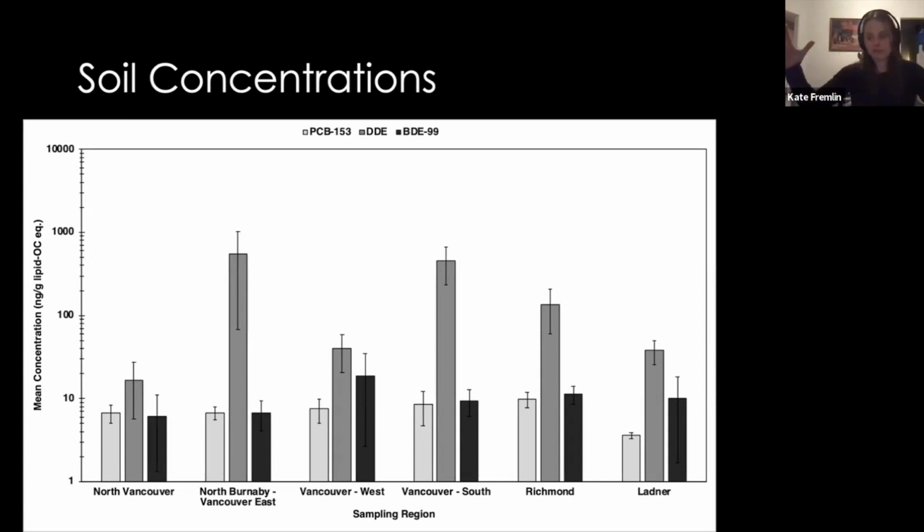And these chemicals undergo something called long range transport, meaning that wind and ocean currents can move the chemical from where it's used, say in Africa or South America, up to the north or the polar regions. That's why we see such high levels in the Arctic, where we don't even use these chemicals. So that's how they are everywhere.